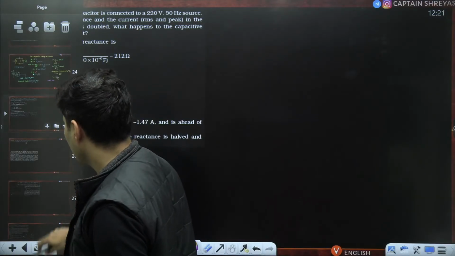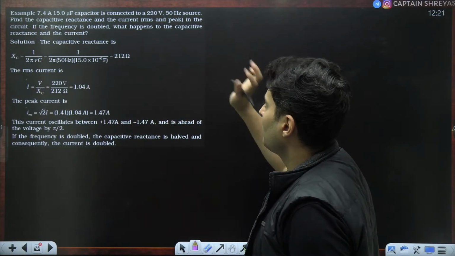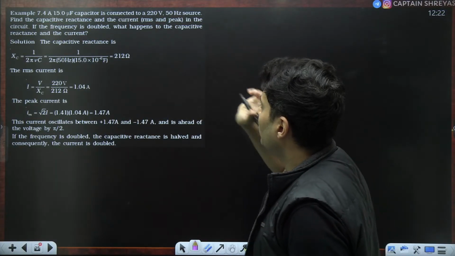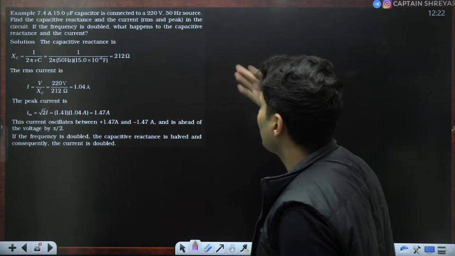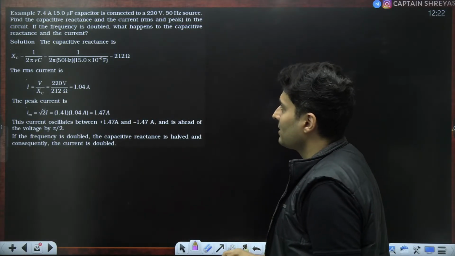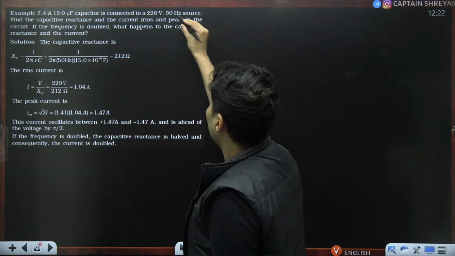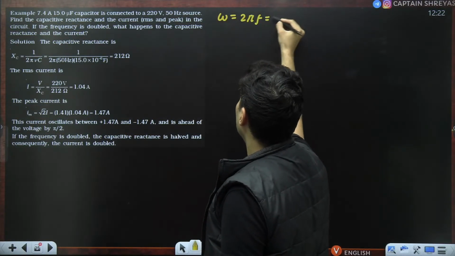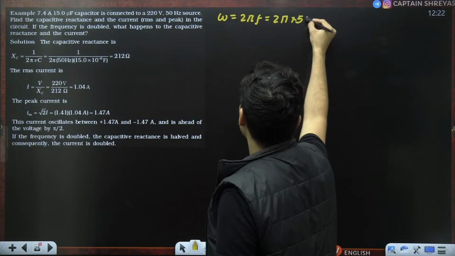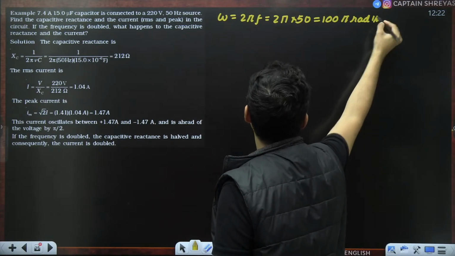So let's have a look at a question maybe. There is some capacitor, some frequency, find the reactance, RMS current, etc. If the frequency is doubled, what happens to the reactance and the current? Okay, simple guys. If frequency is given, omega is 2 pi f, 2 pi into 50, which is 100 pi radian per second.